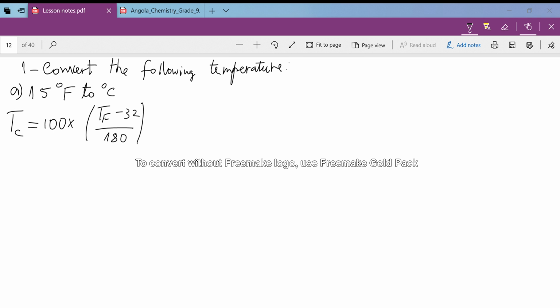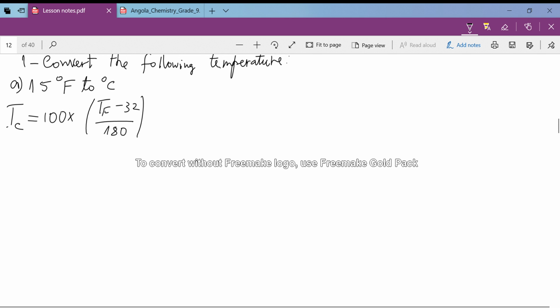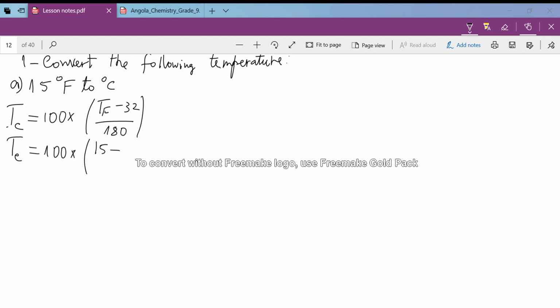Okay, so from here we will have that Tc is equal to 100 times Tf is 15, because Tf is the temperature in degrees Fahrenheit. So it will be 15 minus this 32. 32 belongs to the formula, guys, okay?